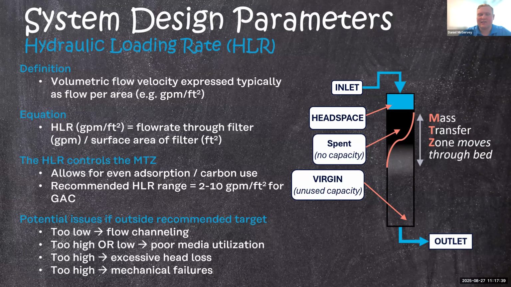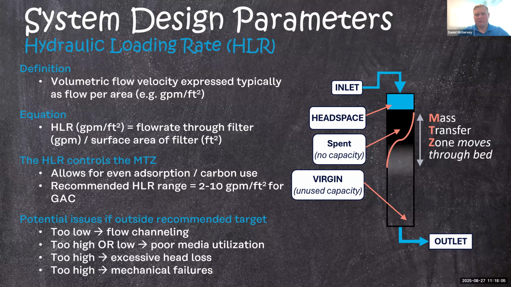Even at the right contact time, if you're pushing that a little too fast, you can end up not actually getting the same treatment you would maybe expect from a lower hydraulic loading rate. And then, of course, the main issue with too high is you can end up with excessive head loss that can result in mechanical failures in equipment or a vessel. So that's also another reason that it's important to keep these in the right range.